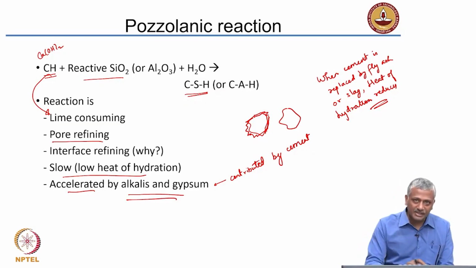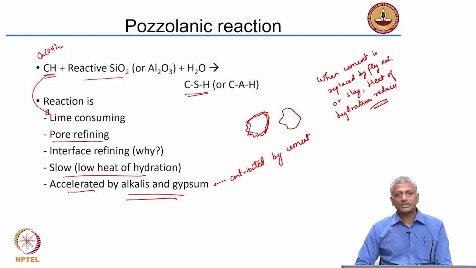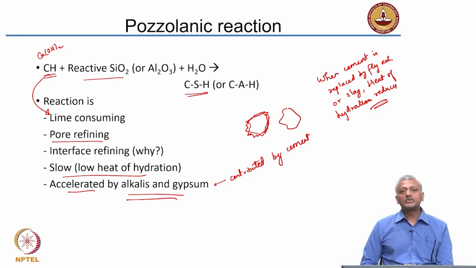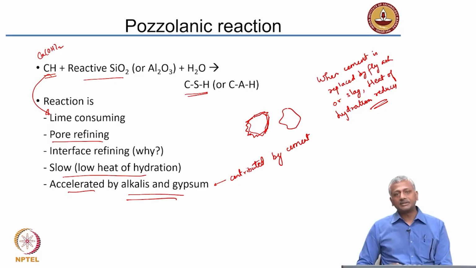So, all these components are still present to accelerate the reaction of the pozzolanic material. But nevertheless, the reaction of the pozzolan is much slower as compared to cement, which leads to much better durability in the long term, and at the same time reduces the heat of hydration in the early stages.